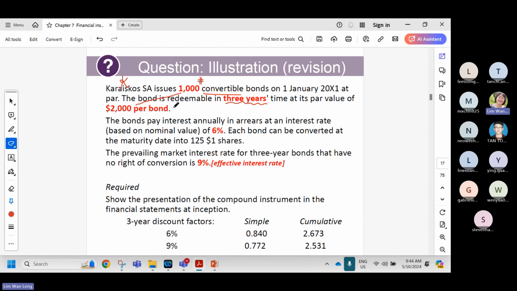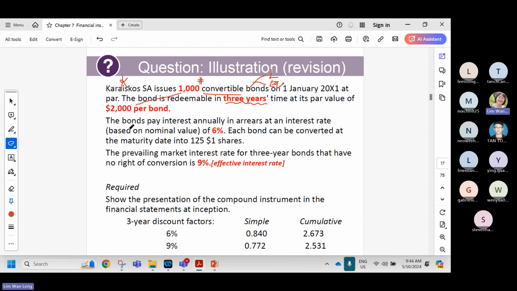Okay, but you can't debit cash and then credit convertible bonds. No, we don't record convertible bonds, but we need to split the convertible bonds into components of liabilities and components of equity. So this one has 2 components, liability and equity.